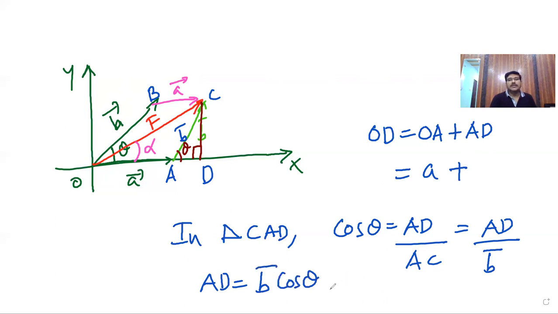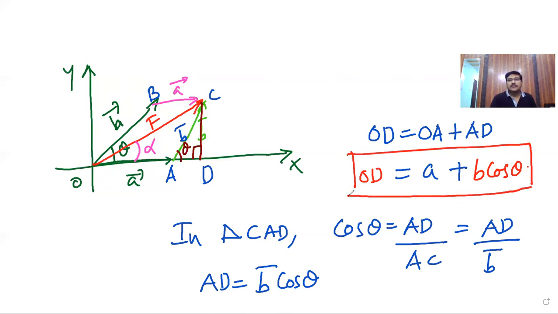Now I am substituting here. AD is b cos theta. So OD becomes a plus b cos theta. Is it clear? OD becomes a plus b cos theta.